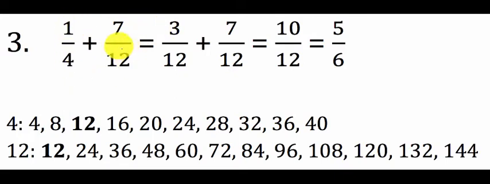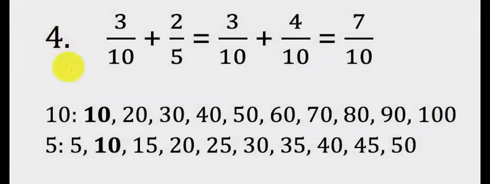Because this already has a 12 as its denominator, I just need to keep it the same. So I get 3/12 plus 7/12 equals 10/12. Now, with this fraction, I can reduce or simplify it to 5/6 because I can divide both top and bottom by 2. So either 10/12 or 5/6 could be your answer.